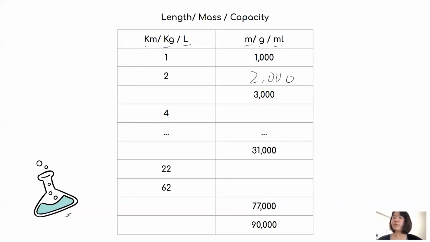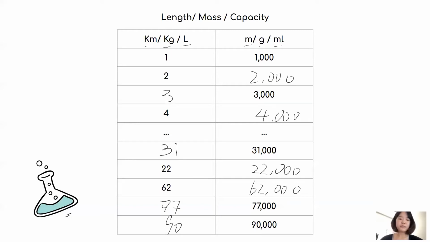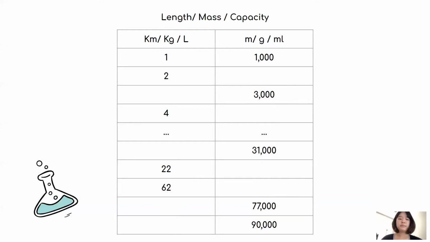Then 3 goes to 3,000. 4 goes to 4,000. And 31 goes to 31,000. 22 goes to 22,000. And 62 goes to 62,000. And 77 goes to 77,000. And 90 goes to 90,000.